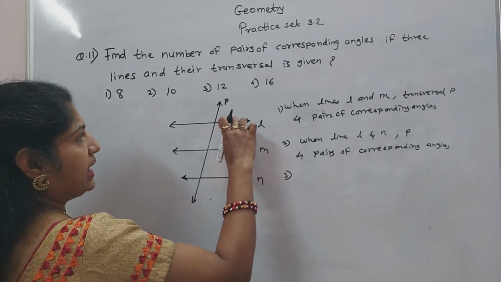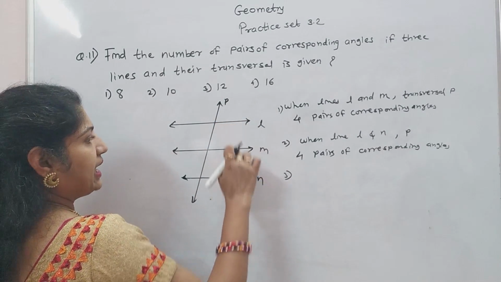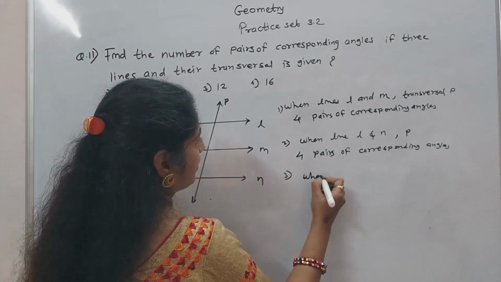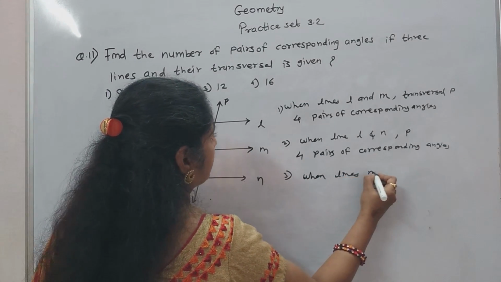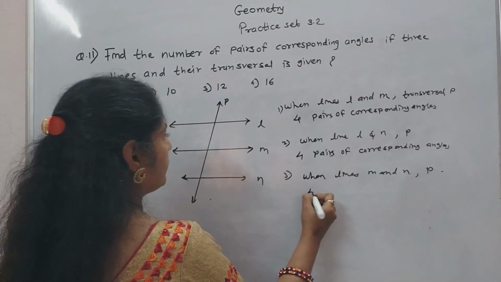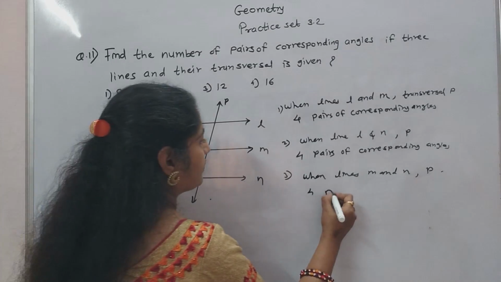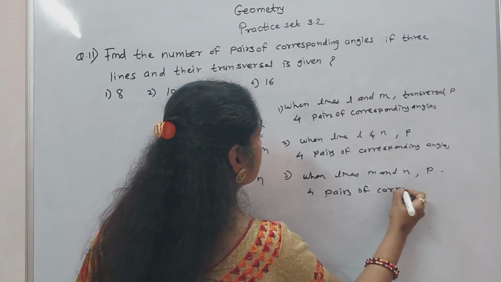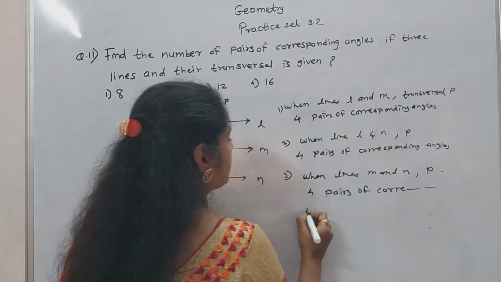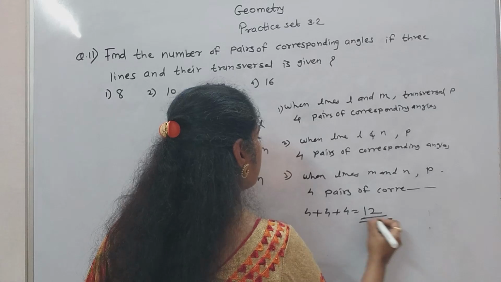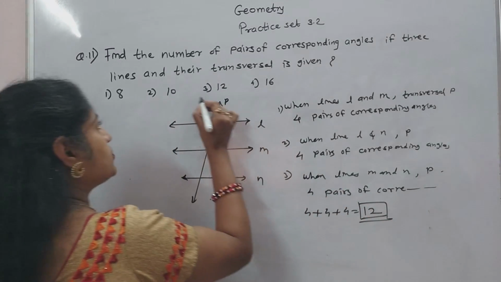First time we take L and M, second time we take L and N, third time we take M and N. When lines M and N, P is the transversal, 4 pairs of corresponding angles. Now total how much? 4 plus 4 plus 4, that is 12 pairs of corresponding angles. Answer is option number 3.